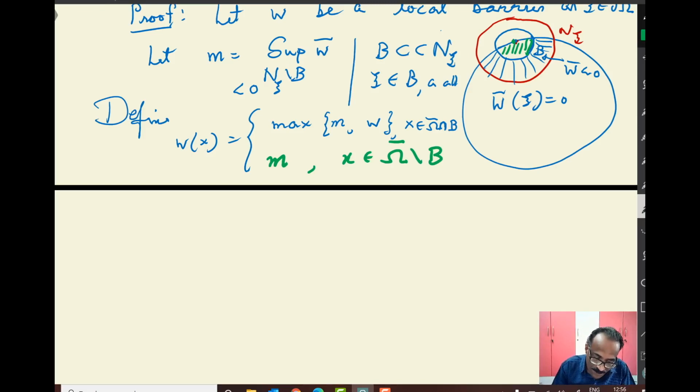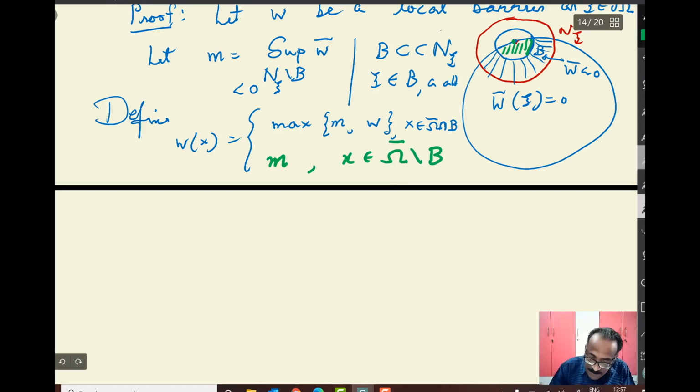It's easy to prove that it's subharmonic because I'm taking the maximum of a constant function and a subharmonic function. W of psi is equal to 0 is trivial, and then by the maximum principle you can prove that W is less than 0 everywhere else.